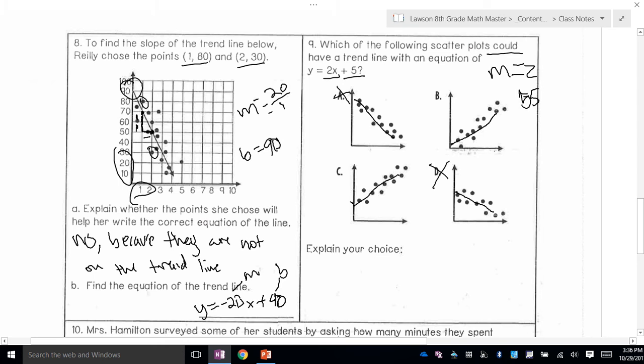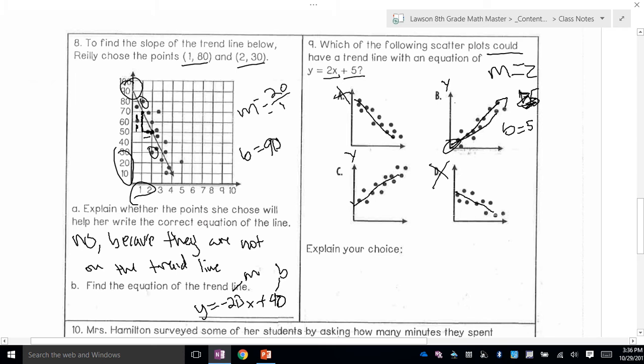Now, what does it mean that my B is going to equal 5? And I'll rewrite that so it's easier to see. B equals 5. Well, this line is going to cross my y-axis at 5. Okay? And if I did a trend line, a better trend line for B, where does it look like this line is crossing my y-axis? Oh, at the origin, which would be 0, 0.